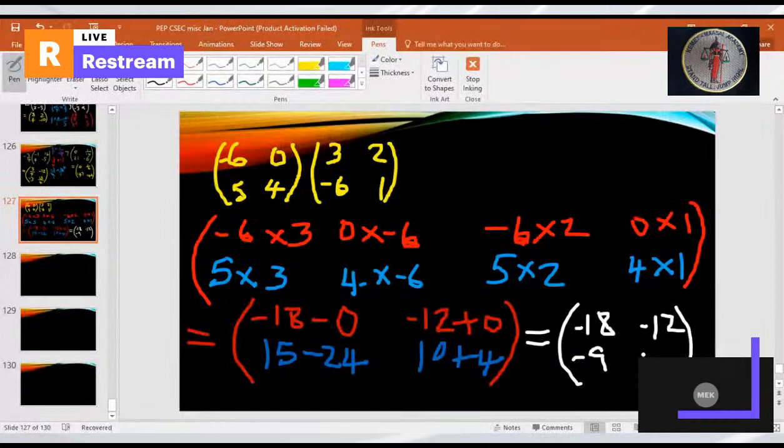And 10 plus 4 is 14. So that's our first matrix, 2 by 2 times 2 by 2. So have a look at it.